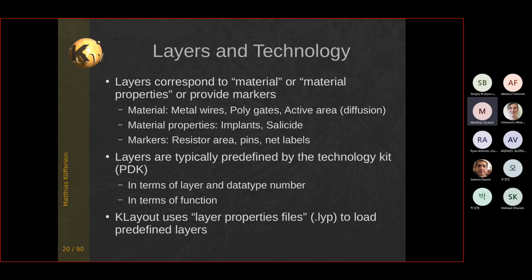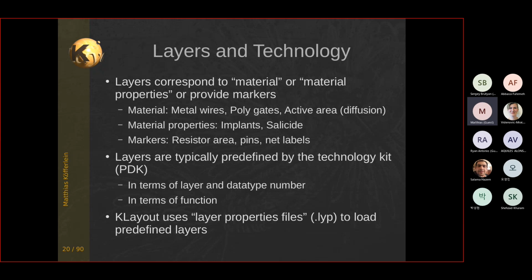So there are a bunch of layers, and this typically comes with the PDK. The technology setup you get from your vendor, from your manufacturer, lists a lot of layers. Typically, maybe there are 100 layers or even more.